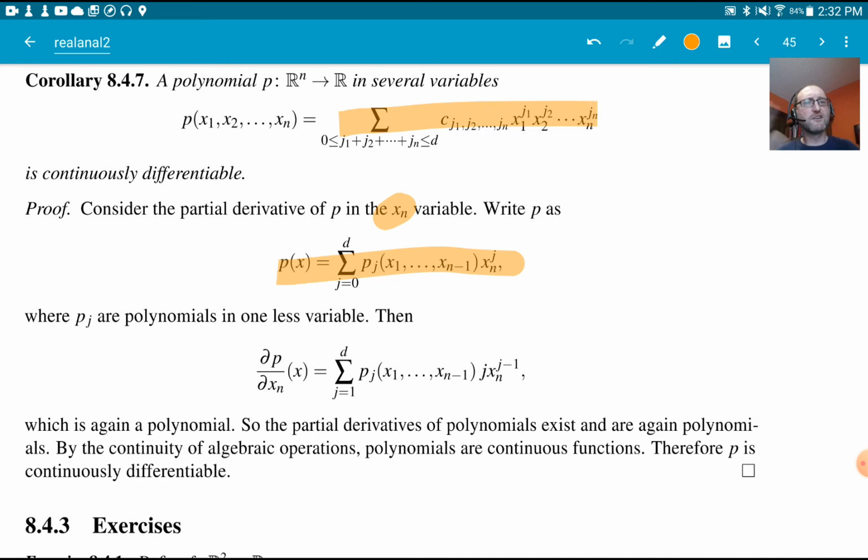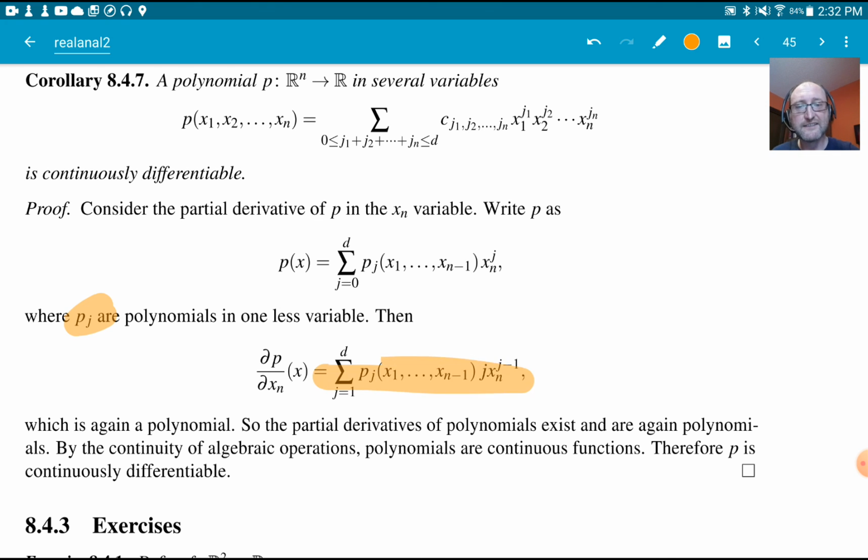You're grouping all the terms that have the same power of xn, and so you can always write the polynomial in this way. These p_j are polynomials in one less variable, namely, they don't involve xn. So if you differentiate with respect to xn, you get an expression like this, because the derivative doesn't fall on this p_j. Well, that's again just a polynomial. That's just a funky way of writing a polynomial.